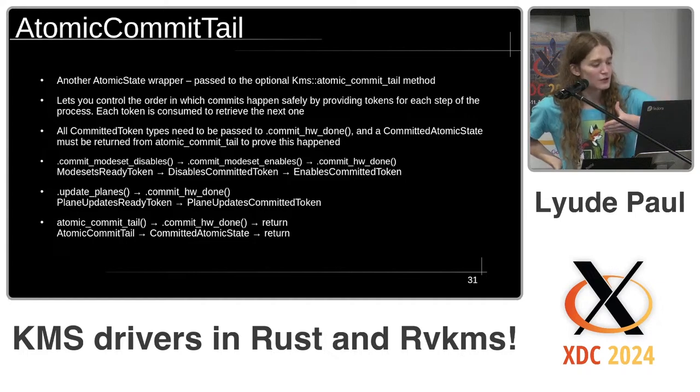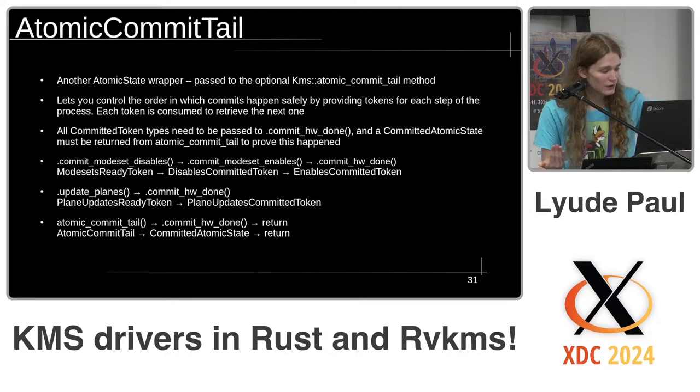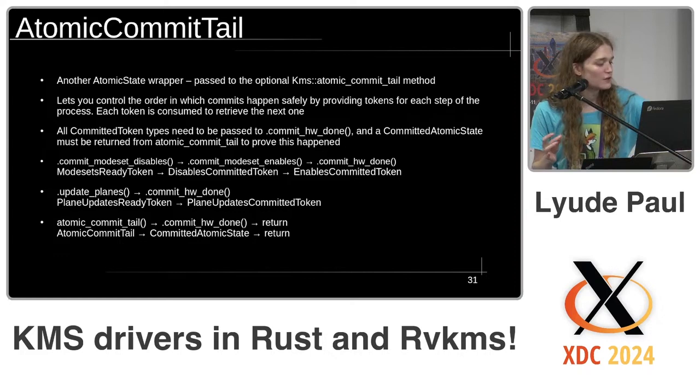And then you get an enables committed token that you can pass later on to that third point there, commit hardware done. And the same thing happens with plane updates, where you get a token that says you can perform the updates now. You get a token once you perform them. And you take both of these tokens and provide them to commit hardware done to prove that you performed all of those steps.